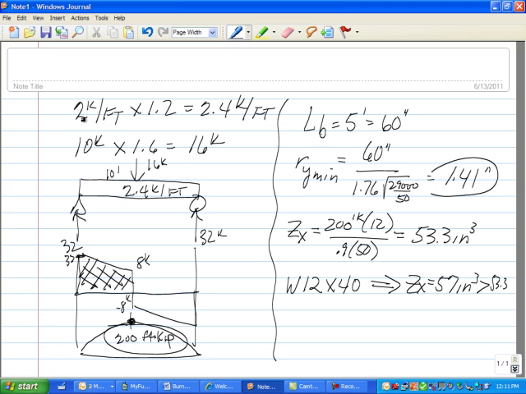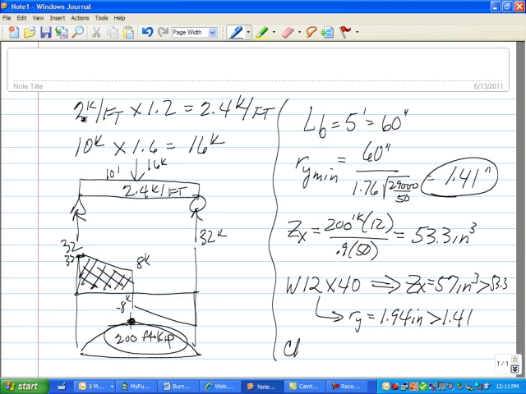Now in order to be in category 1, this has to have an Ry value greater than 1.41 inches. And again, looking in the property tables, we find out that a W12 by 40 has an Ry of 1.94, which is greater than the minimum value of 1.41, so it is in category 1.